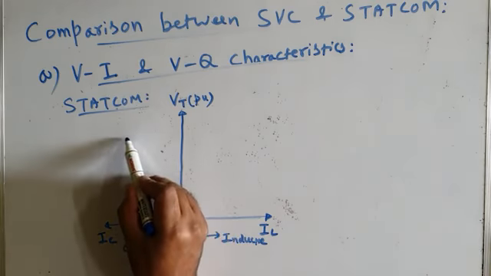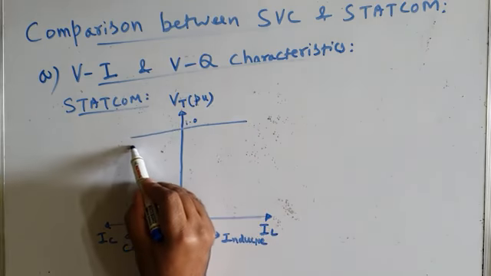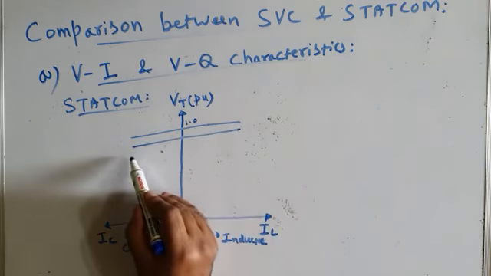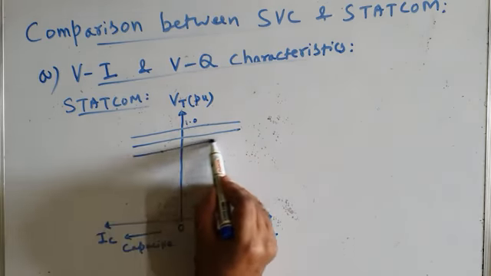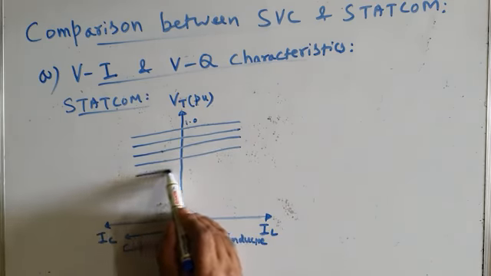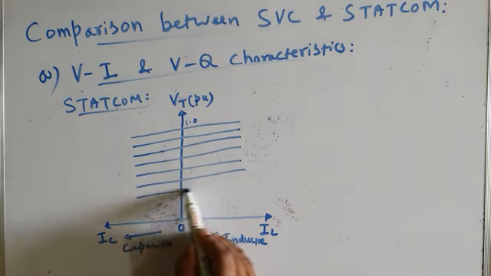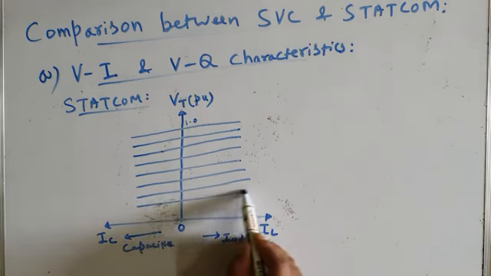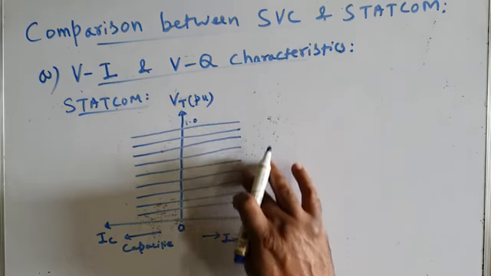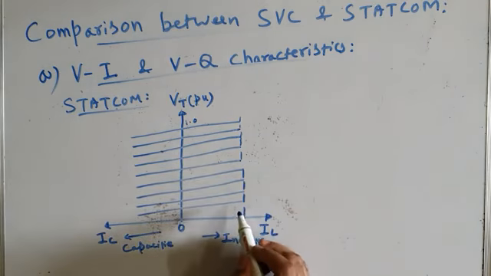So the various characteristics are like this. This is 1.0 per unit. This is 0.9 per unit. This is 0.8 per unit, 0.7, 0.6, 0.5, 0.4, 0.3, and 0.2. Fine. So this is the maximum inductive current.